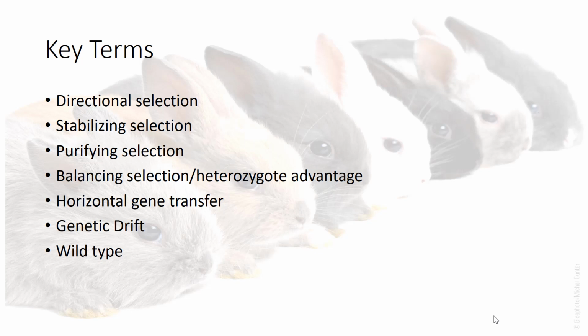So wild type, this is a term that is somewhat ambiguous. Sometimes it's used to refer to the dominant version of a particular gene. In this context and in this chapter, what we're going to use this term to represent is basically the ancestral state. So the wild type version of any gene, that allele is going to be what the ancestral trait was, what the ancestors of that population had.